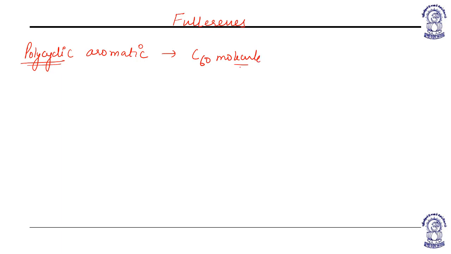Now, talking lastly about fullerenes. Fullerenes, as you know, are polycyclic aromatic compounds, the C60 molecule, C70, which is known as Buckminster fullerenes.